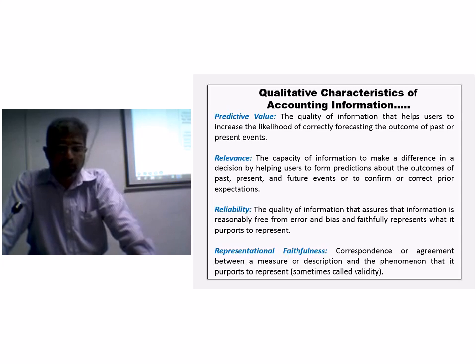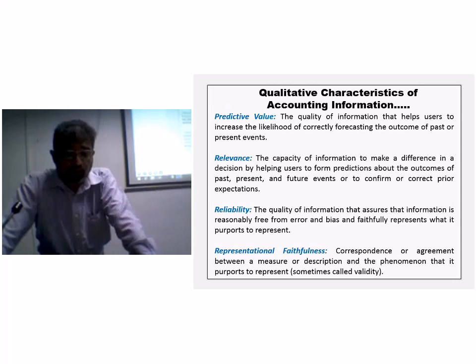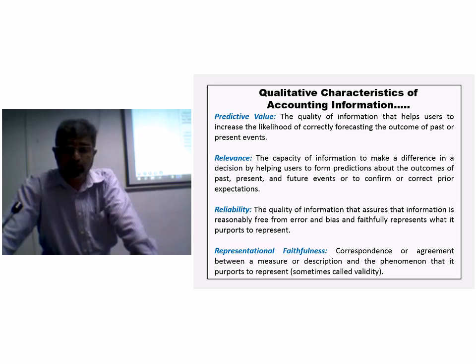Next one, interfirm comparison. If you compare the results of the firm's current operations and financial positions with competing firms' financial performance and financial conditions, then that is under interfirm comparison.